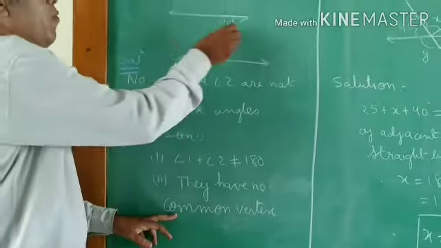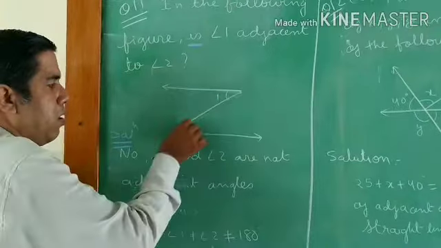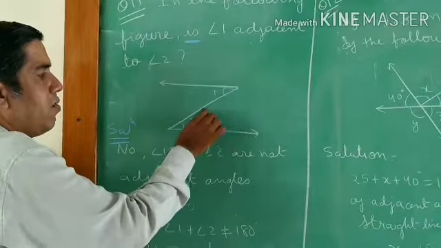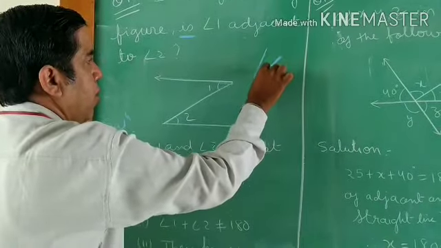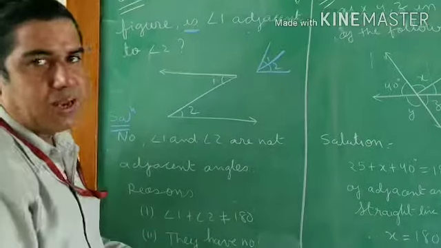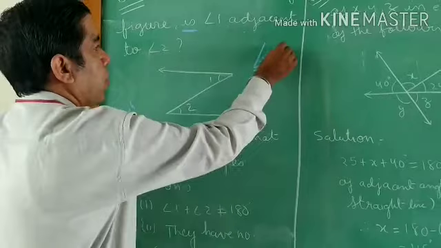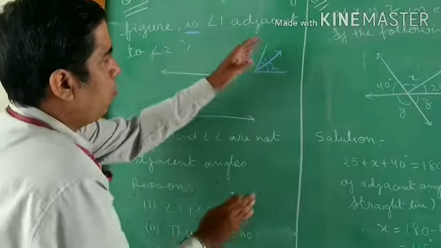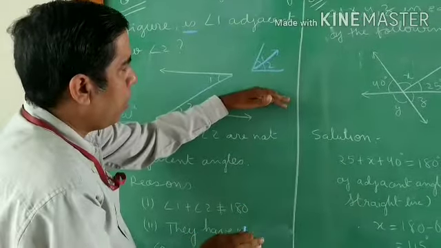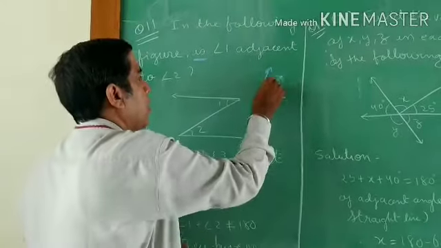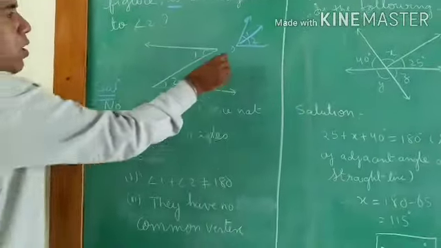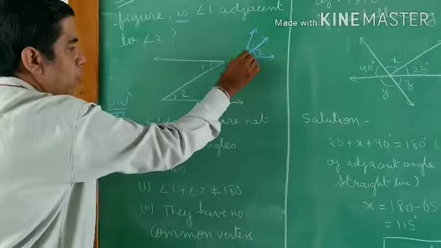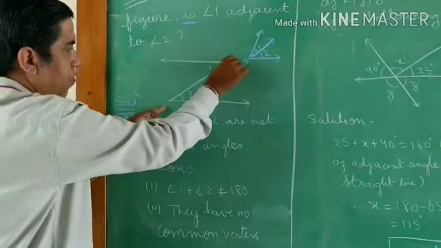Adjacent actually means like this: angle 1 is adjacent to angle 2 if it is formed like this, with a common arm, one arm on this side, one up and one down, in the common vertex. Here there is no common vertex. Here the common vertex is O, but here this vertex and this vertex are not common.